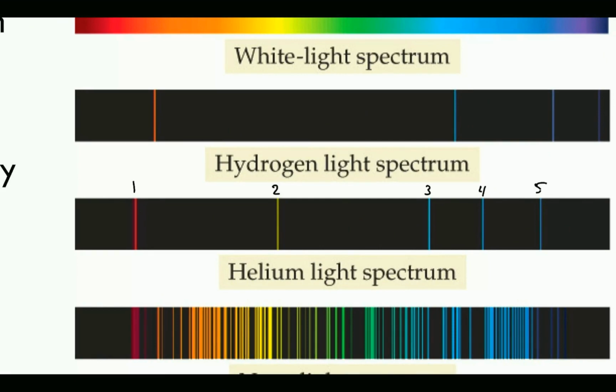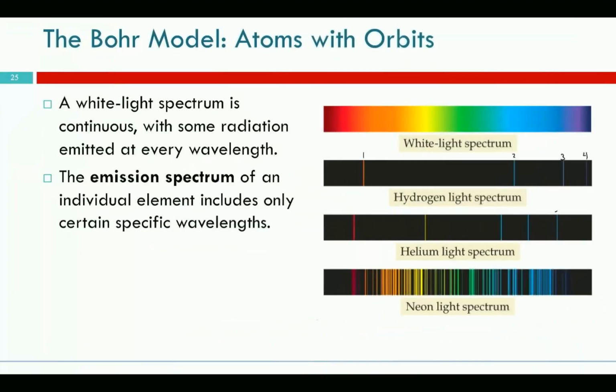Oh wait, no, sorry, fence post problem. It is hydrogen. 1, 2, 3, and then 4. Sorry. So yeah, 1, 2, 3, and 4. And so if I take that, and I'm going to copy it over here.